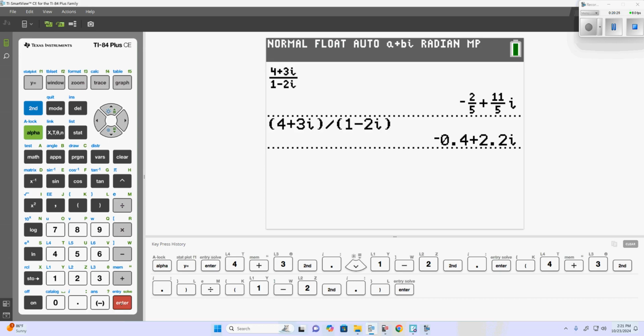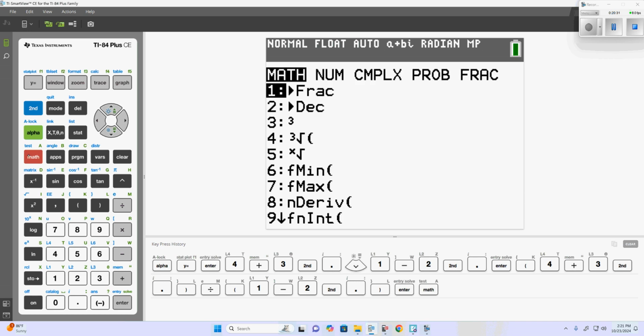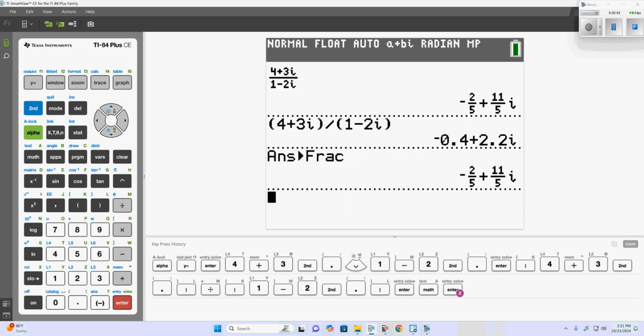Okay, we have one last set of steps. You ready? Math, enter, enter. Math, right under alpha, that first option that we're selecting is pretty much saying take the previous answer and turn it into fractional form. And that's what we got, yes? That's it.